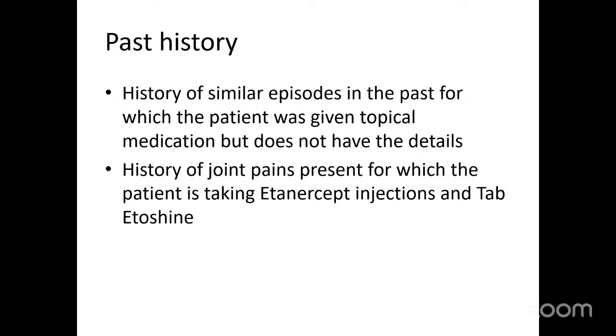What else? Are you interested in larger joints like the knees or the smaller joints? Which one are you interested in with this patient profile? Mostly the axial skeleton, ma'am, the larger joints. Why not smaller ones?